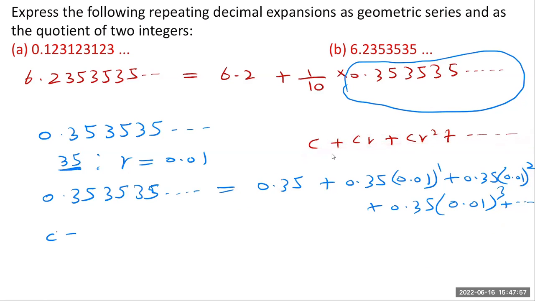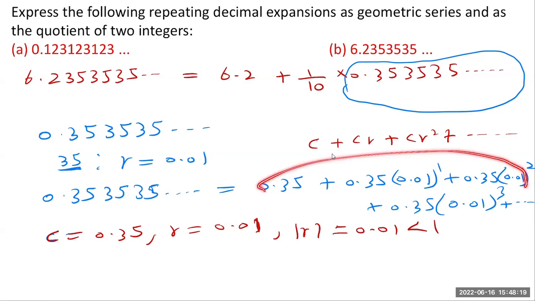Clearly, we can identify C is equal to 0.35 and R is equal to 0.01. Now notice that the absolute value of R is 0.01, which is less than 1. That means by theorem 7.26, this series converges.